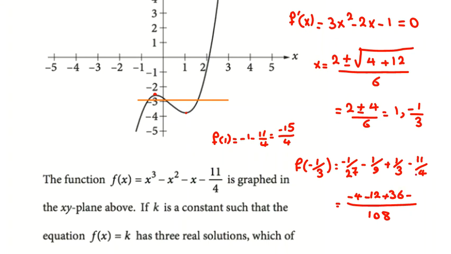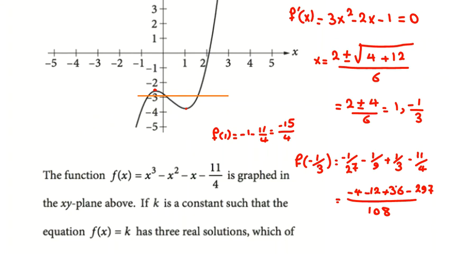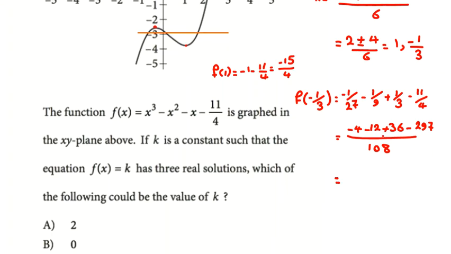Here it will be negative 11 times 27, which is 297. Okay, so negative 16 plus 36 is 20. 20 minus 297, negative 277 over 108.